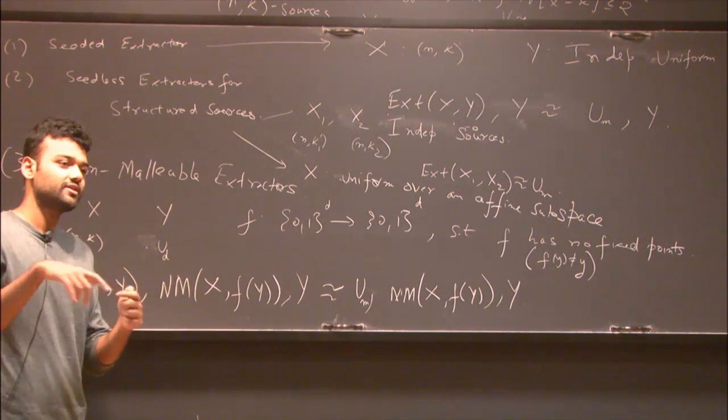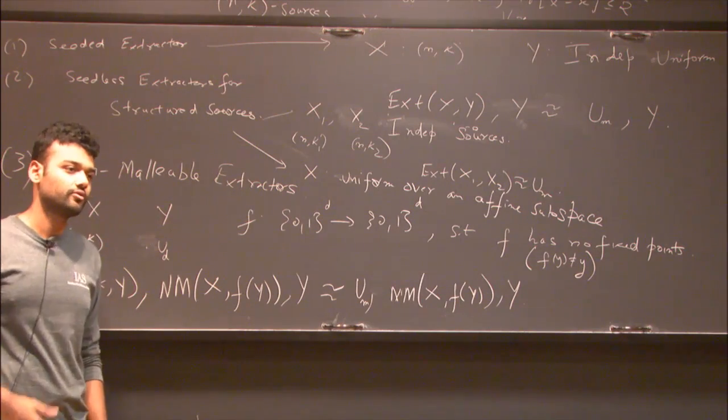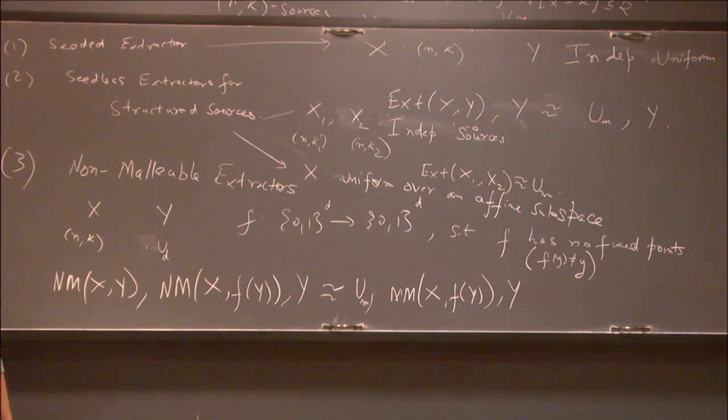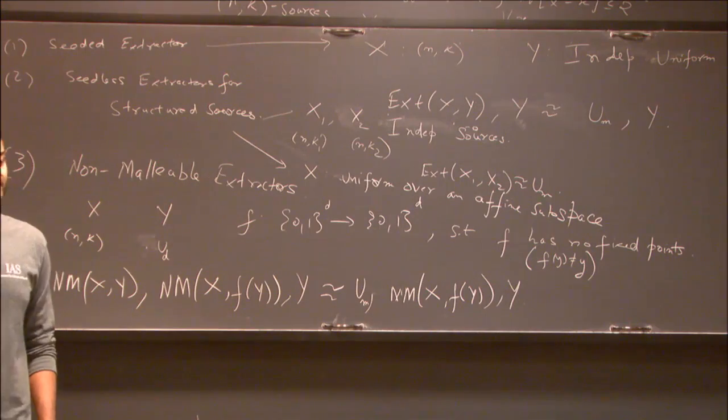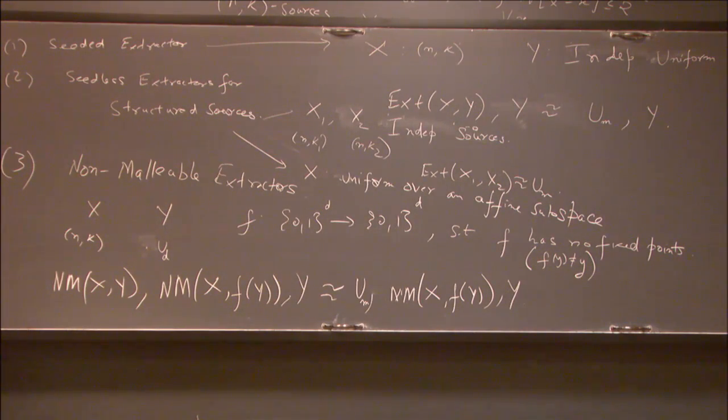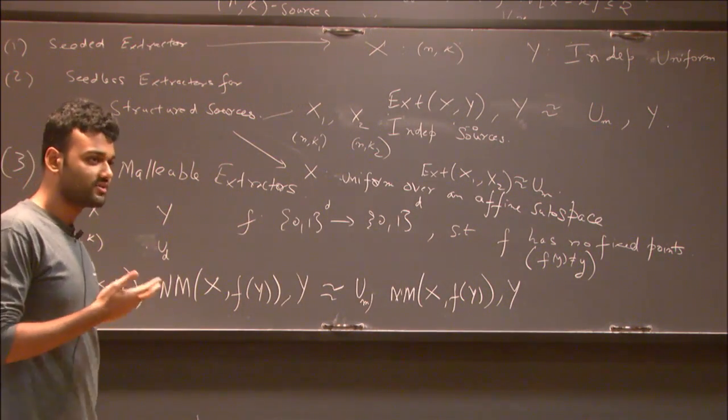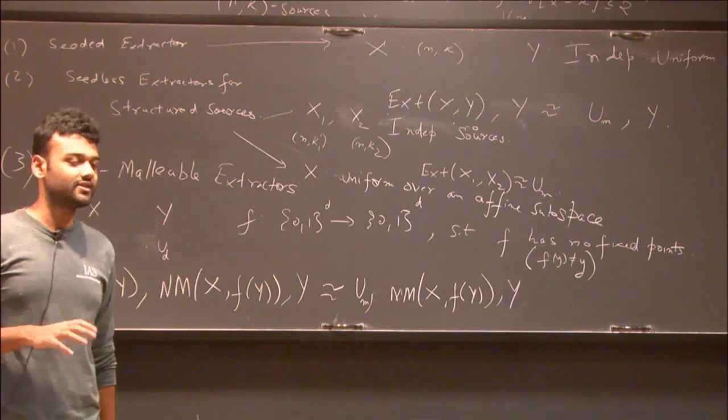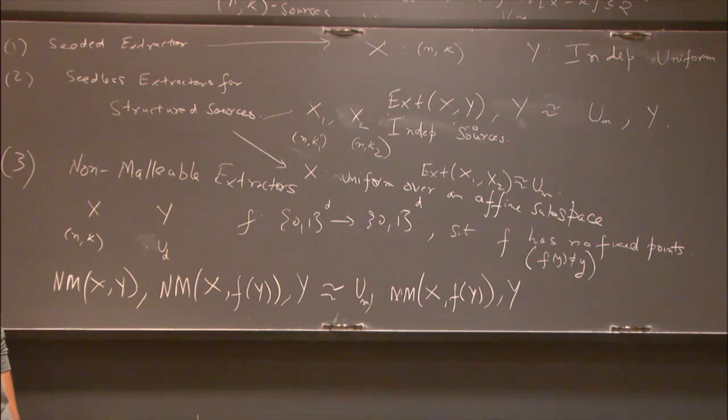So there is a public channel, and you're communicating, and you want to get to a uniform string. If the adversary does not change what you're communicating, then you can just use a seeded extractor. Like one of them picks a seed and uses a strong seeded extractor. But now if the adversary is active and starts changing things, then there is a very nice two-round protocol.